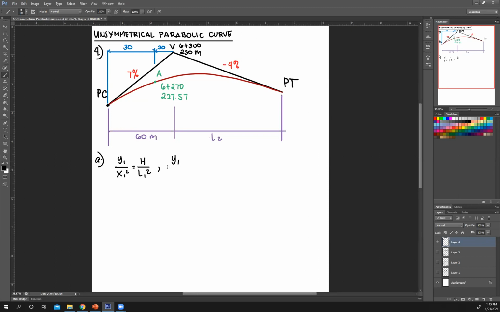So x1 is 30. How about y1? How do I get this? This is your y1.